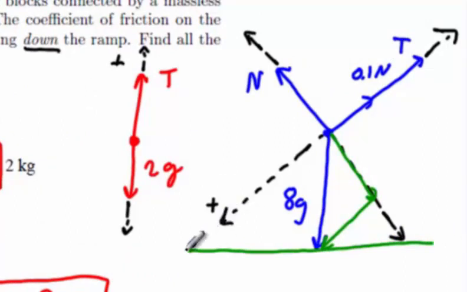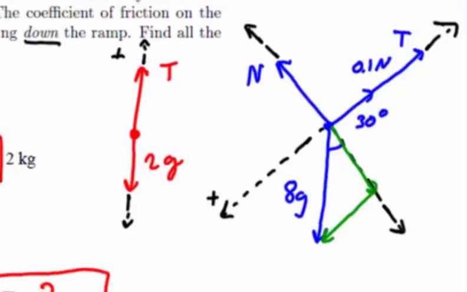The 30-degree angle is between the ramp and the horizontal. If that angle is 30, this angle is 60, and if that angle is 60, this angle must be 30. At this point, we can easily label our two components of interest.